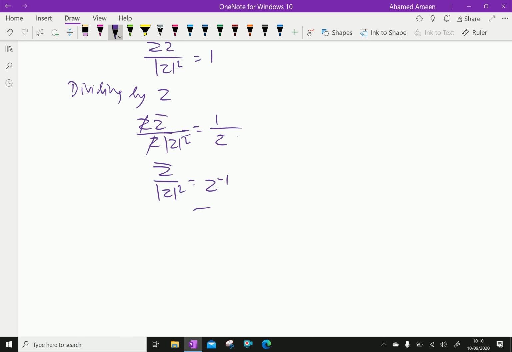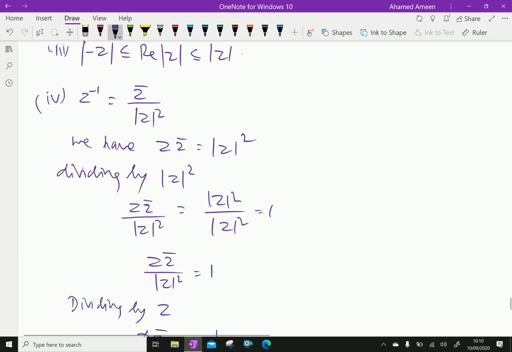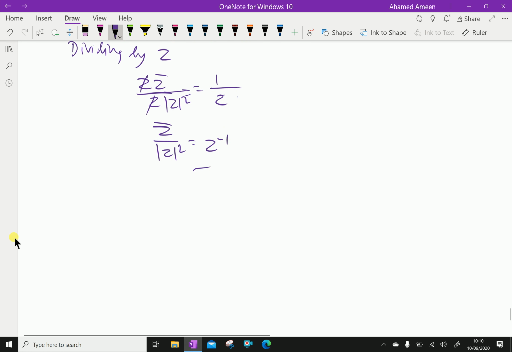Then the next one, fifth. Here the modulus of the product of two complex numbers is equal to the product of their moduli. That is, modulus of z1 z2 is equal to modulus of z1 into modulus of z2.